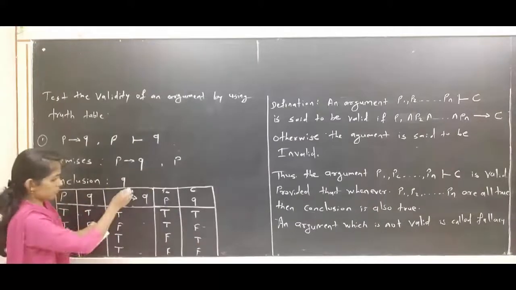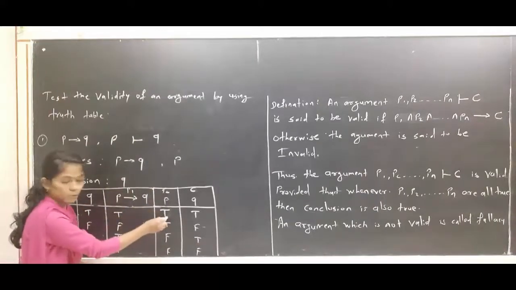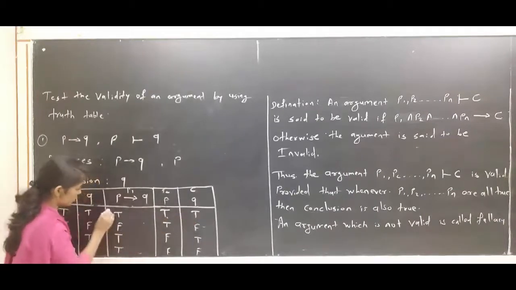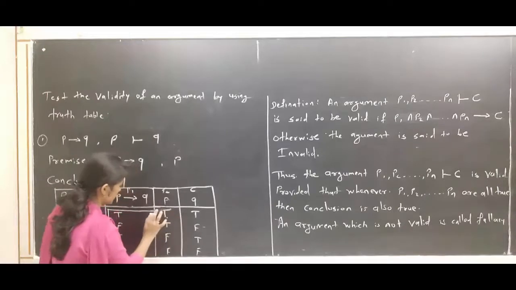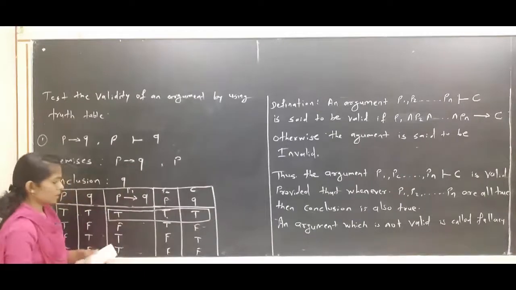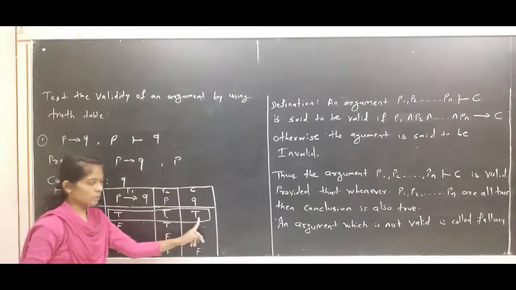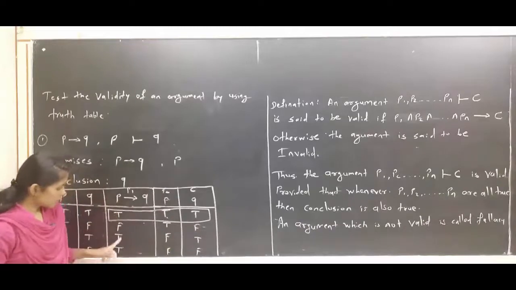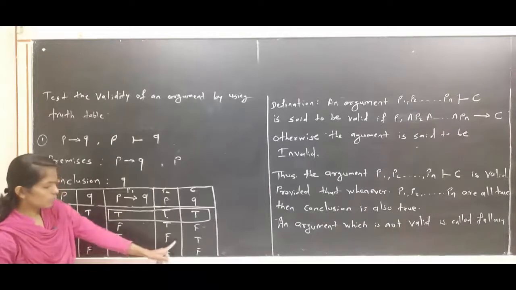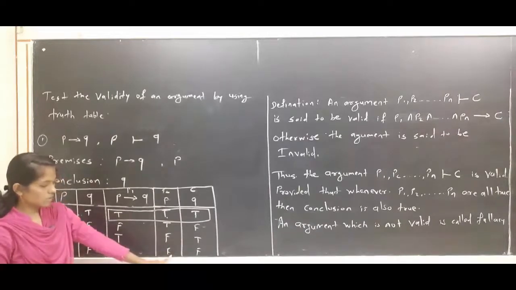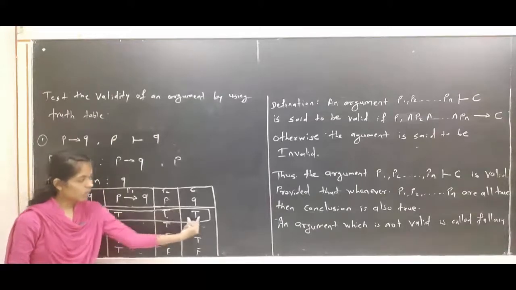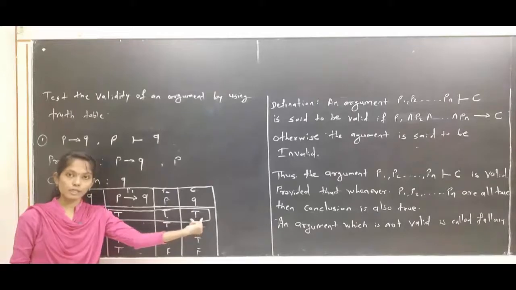Now see here, this premise and this premise both are true, then the corresponding conclusion is also true. So mark this. P1 and P2 are true here, and the corresponding conclusion is again true. Now in the other rows, either the first premise is false, or the first is true but the second false. So the only possibility is this row, where both premises are true, and the corresponding conclusion is again true.